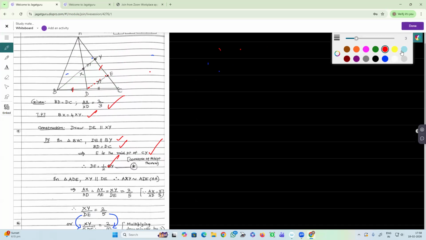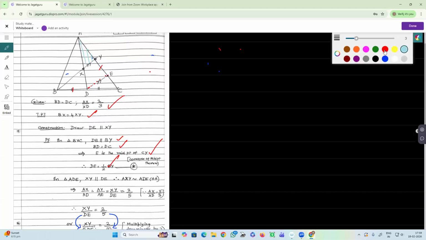Let's understand that it will be easy to apply the concept of similarity in AXY, and you would have guessed by now, yeah, it is ADE. ADE and AXY. Can you see? AXY is that blue triangle, ADE is that red triangle.